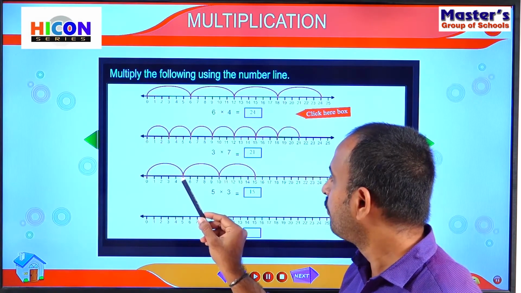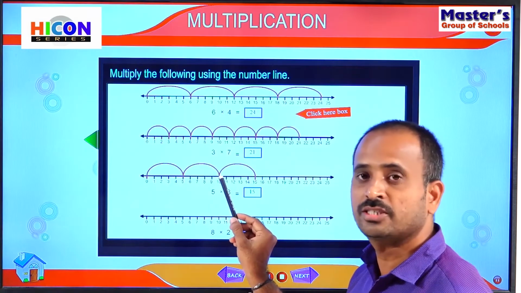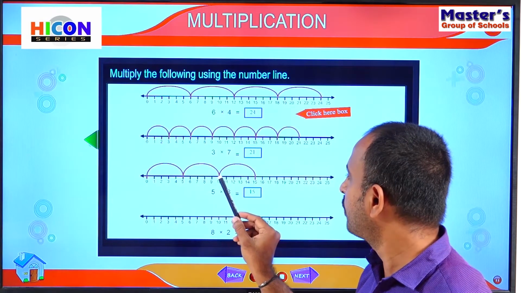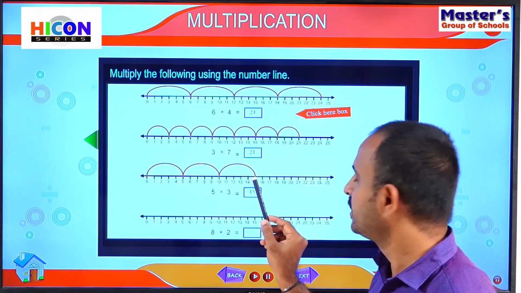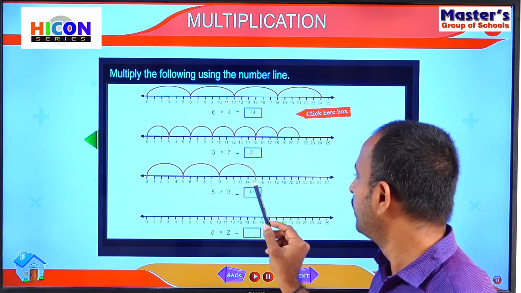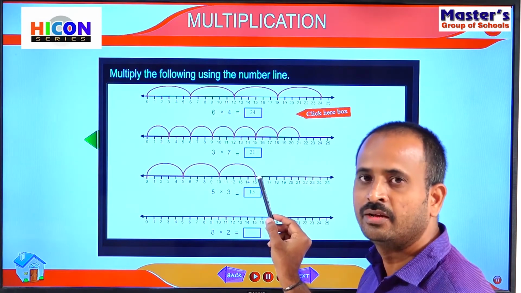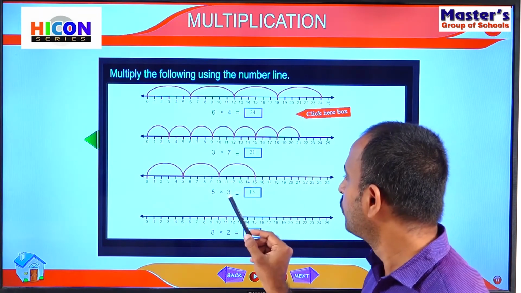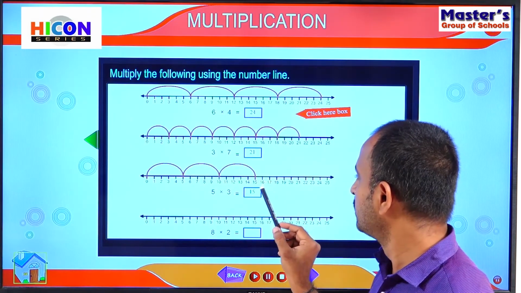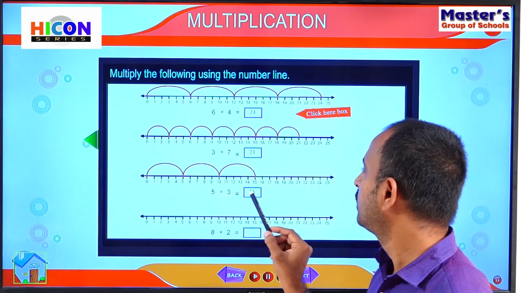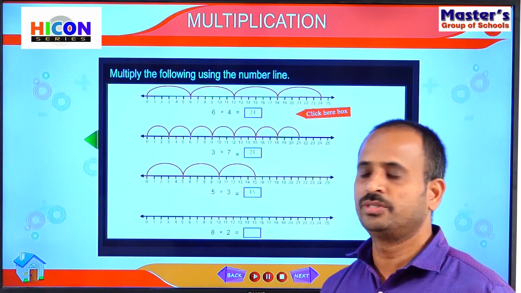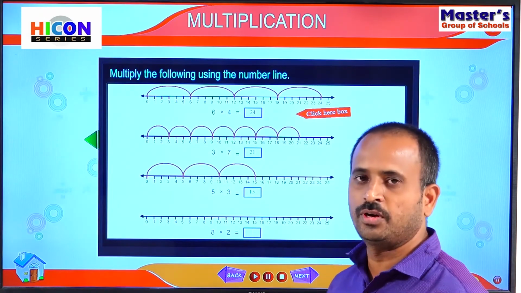And again 5 to 10, it is step 2. And again from 10 to 15, this is step 3. And finally we have reached the number 15 on the number line after moving 3 steps. So the answer is 15. 5 3s are 15. So children, let's see the next problem.